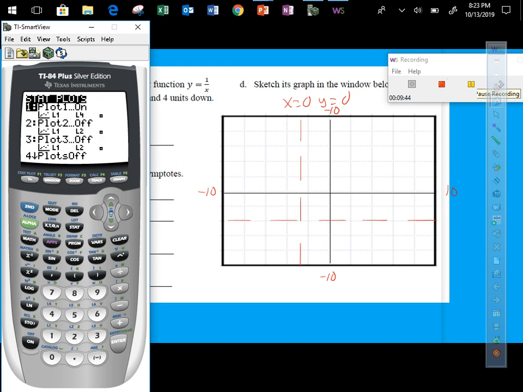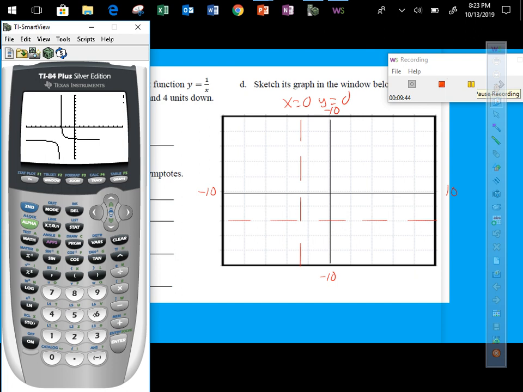I'm going to make sure my stat plots are off so my graph doesn't get messed up. And to type this in correctly, guys, it's going to look like this. 1 divided by, I need that x plus 3 as a group, and then I can go minus 4. Now, once we hit graph, I'm going to zoom 6 this so it fits nicely. There's what my new graph should look like.